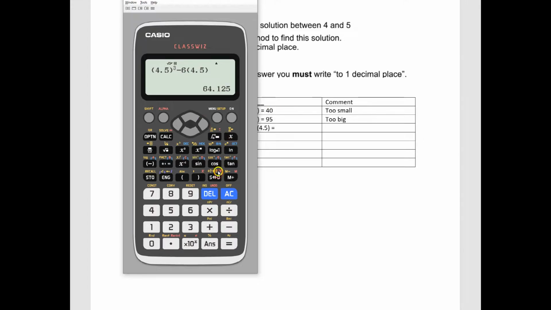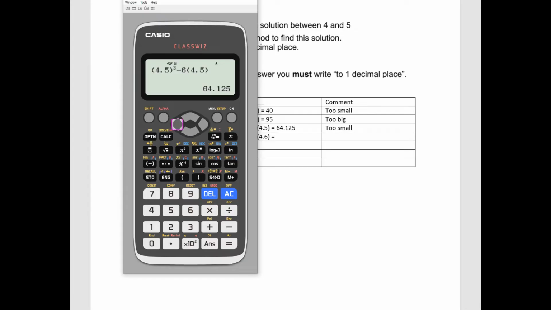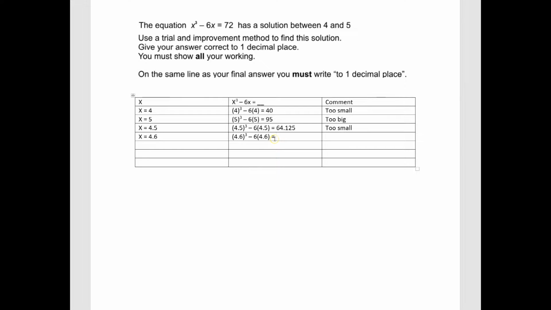This gives me 64.125, which is too small. So that means I should try a larger value of x equals 4.6. That gives 69.736.